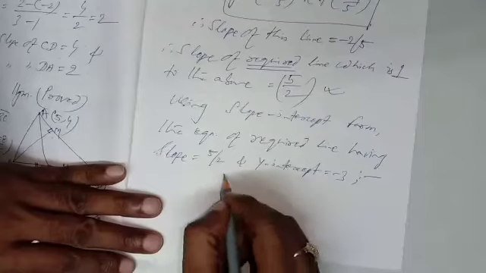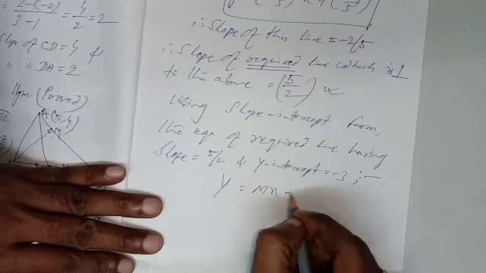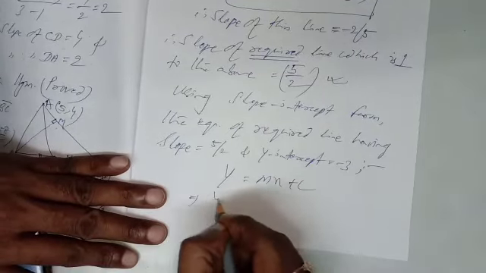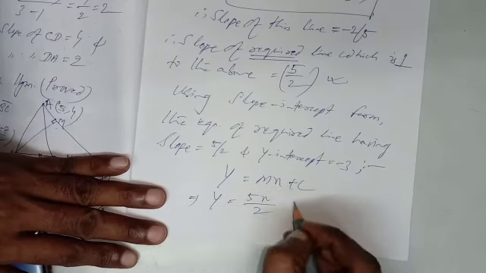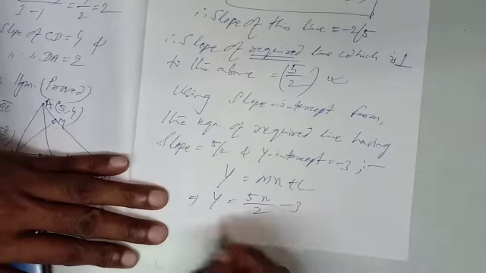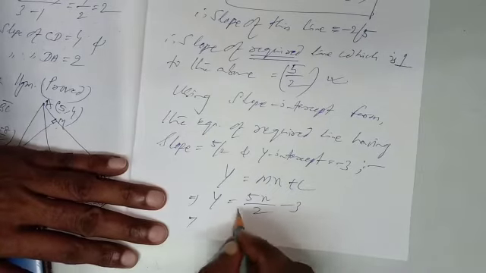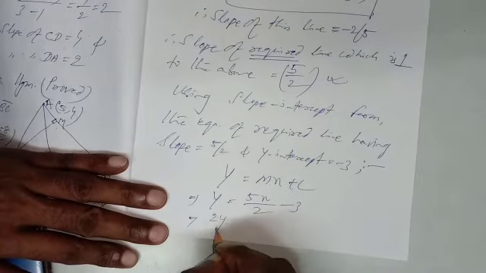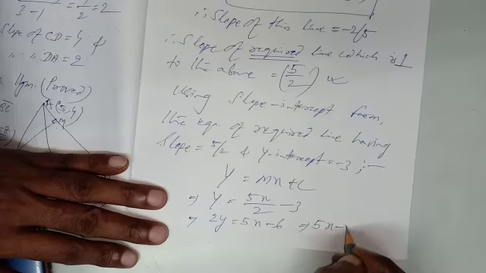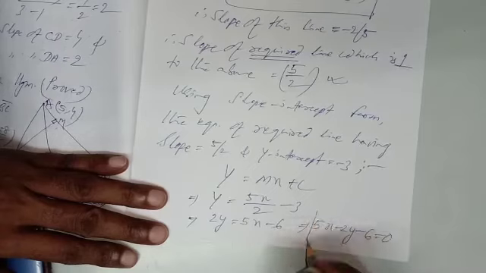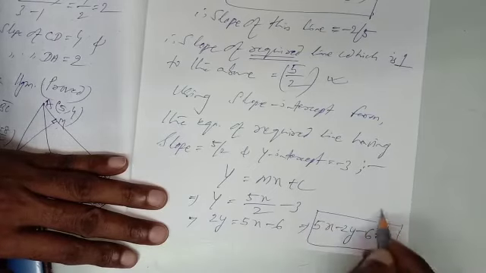Just see, y is equal to mx plus c. So this implies y is equal to, m is how much? 5x by 2, and c is here minus 3. Taking LCM, this will be 2y is equal to 5x minus 6. So this implies 5x minus 2y minus 6 is equal to 0. This is the equation of the required line.